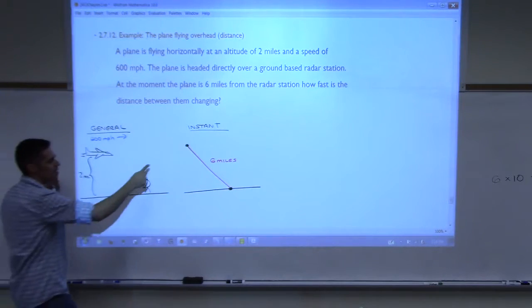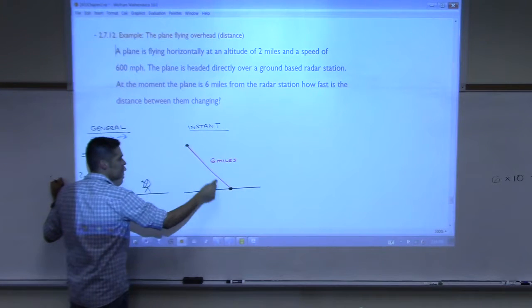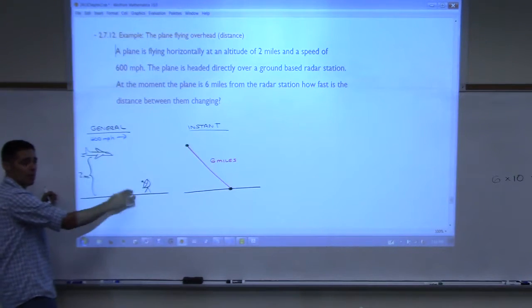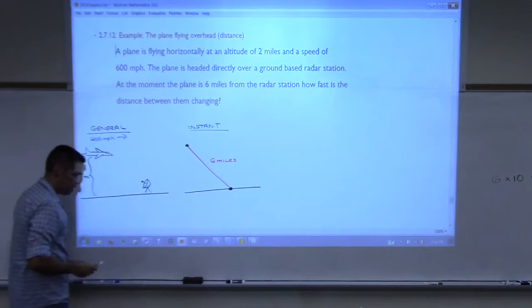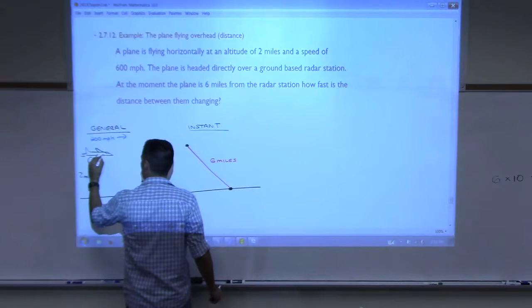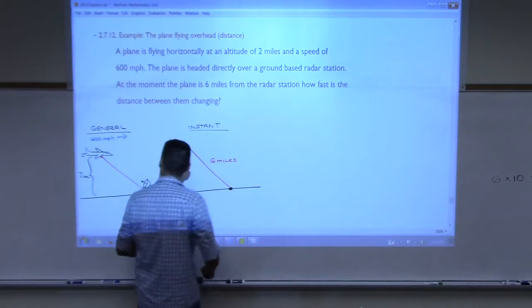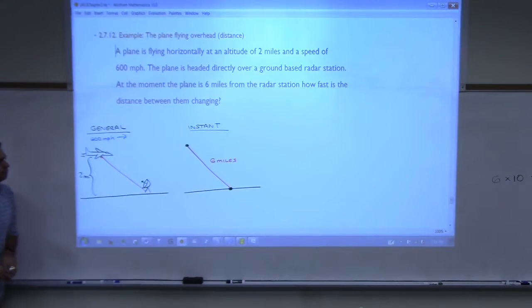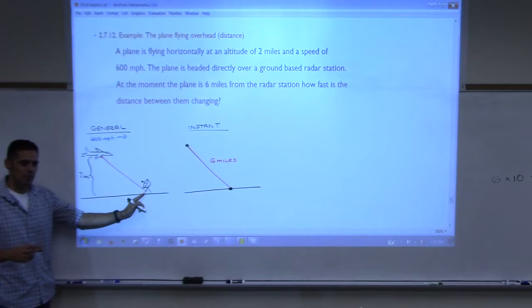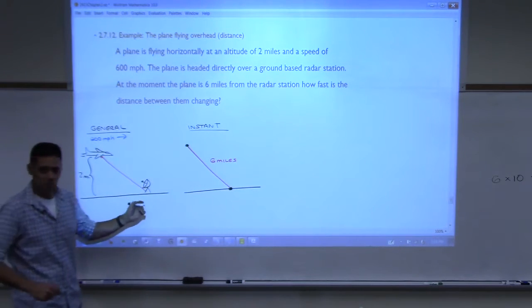Now this 6 miles, the distance between the plane and the radar station, I haven't labeled it on this picture, so I should probably draw that line here. And over here in this picture, I should give it a variable because it is changing. So what do you want to call that? It's the length, the distance from here to here. It's not a derivative. H? Call it h, that's fine with me.